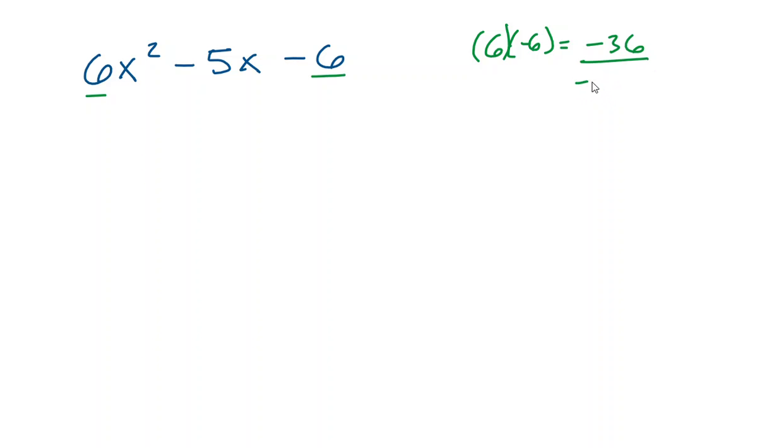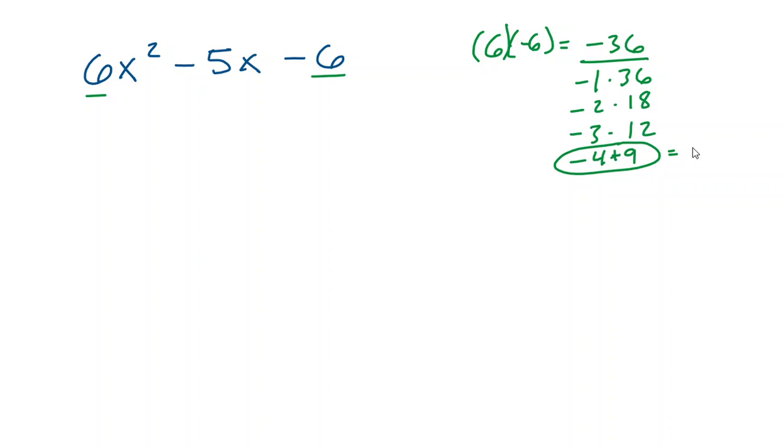So let's see, negative 1 times 36, negative 2 times 18, negative 3 times 12, negative 4 times 9, and I think we found it. Now, this isn't exactly right, but negative 4 plus 9 is positive 5, right?